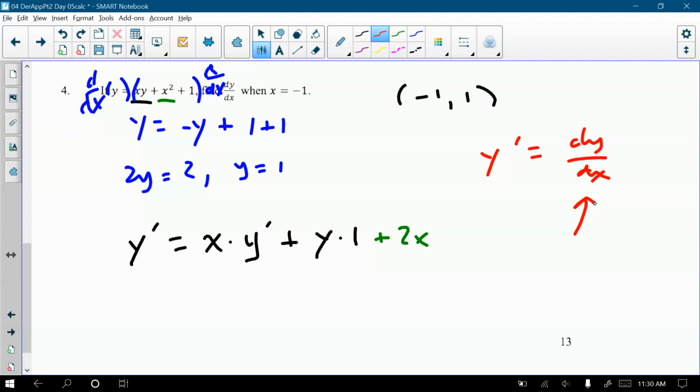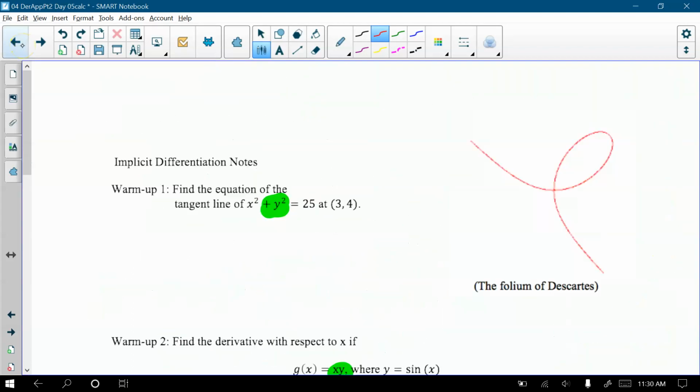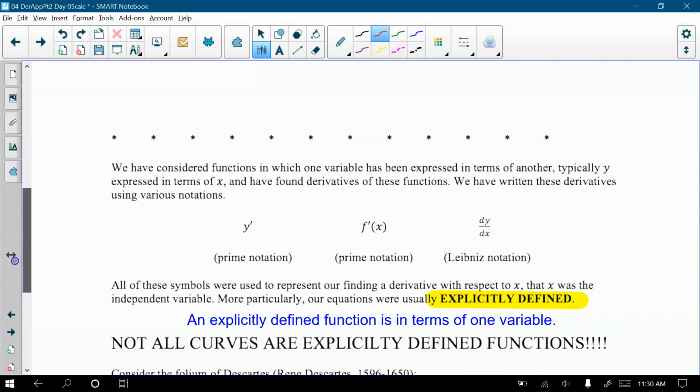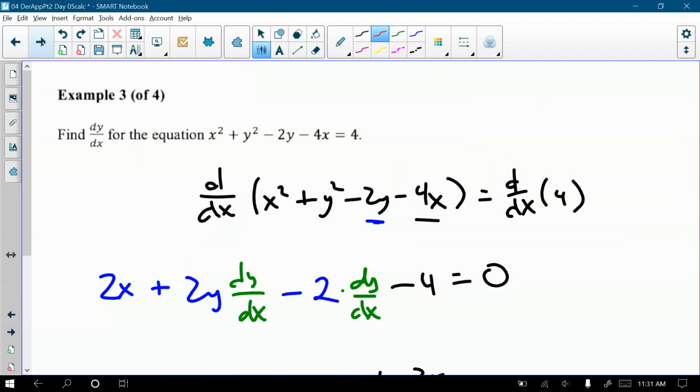The prime notation doesn't actually show that, so there is some disadvantage here. And I think I glossed over that way back here. I didn't explicitly mention that. It was implied, but there is prime notation again with f, and then there's Leibniz notation. Implicit differentiation will usually utilize Leibniz notation, but prime notation is fine. You just don't know what you're taking the derivative with respect to.